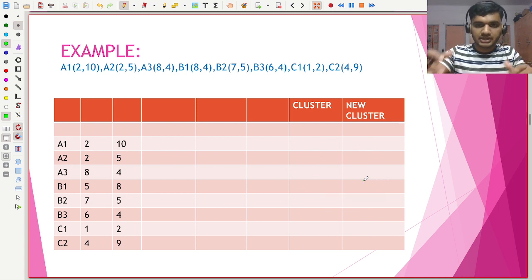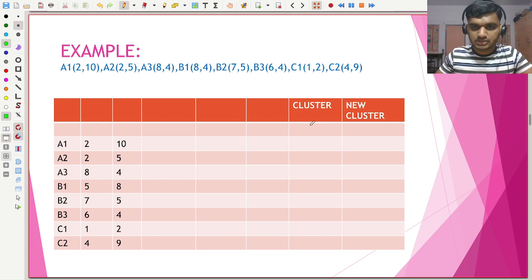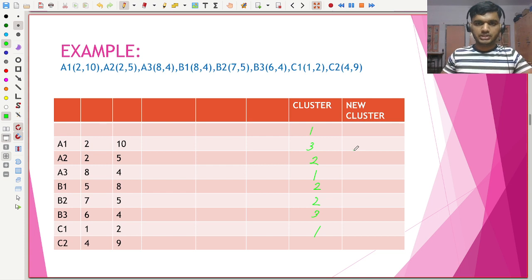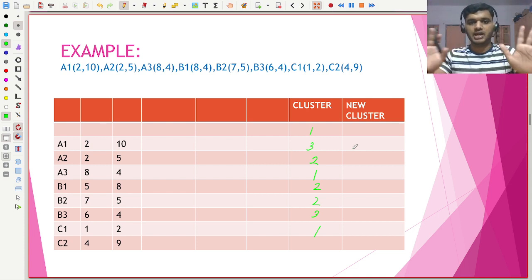Okay, if you updated again, the old cluster was 1 3 2 1 2 2. You do this calculation. I skip it for you. You will calculate it and mark your old cluster and new cluster for your practice.